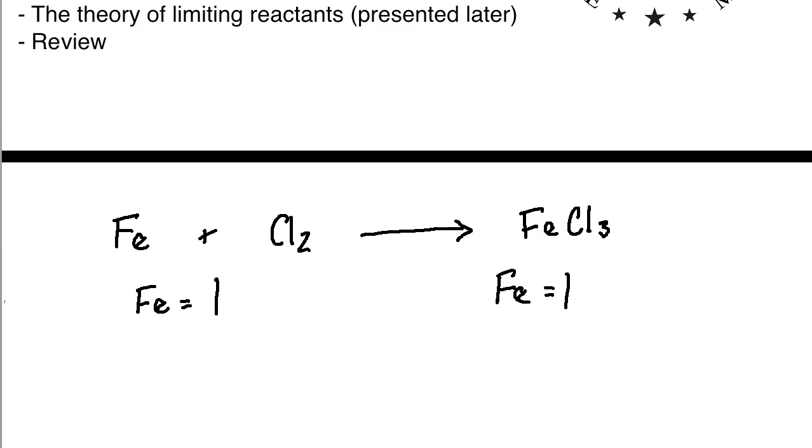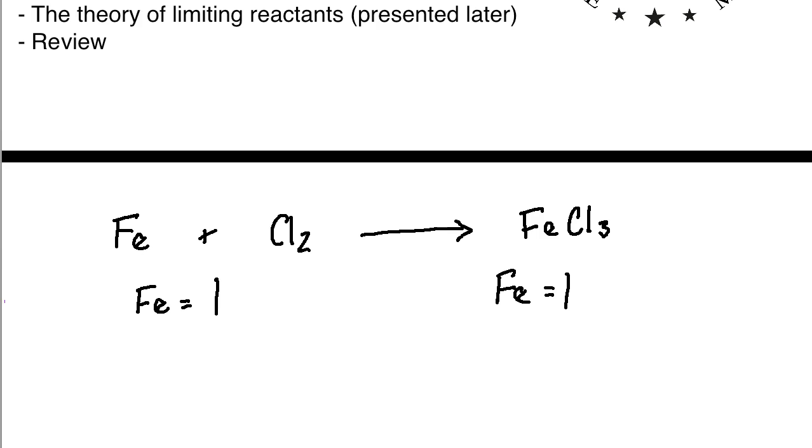Now this is a tip that can help you out. All right, so listen carefully. When you have an element and that element has the same number on each side before balancing, it means that you will have to have the same coefficient in front of those values. So in other words, because I have 1 iron over here and I have 1 iron over here, the ratio starts as 1 to 1.